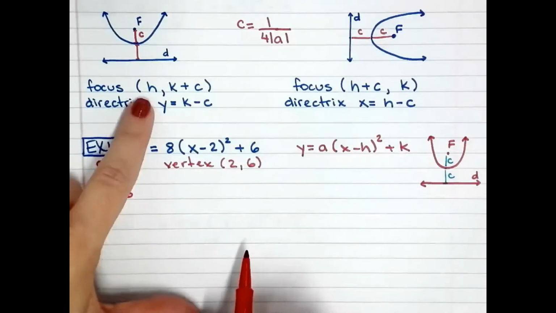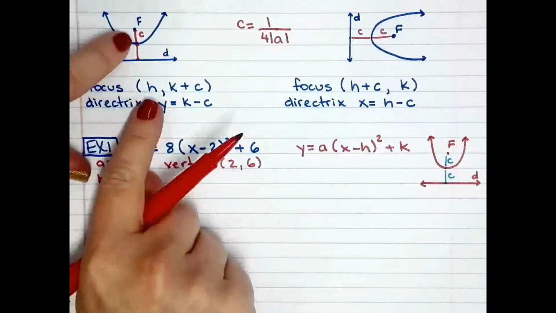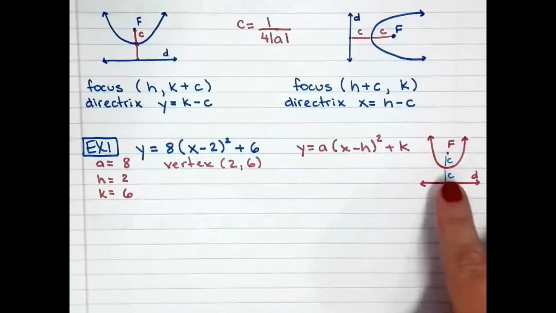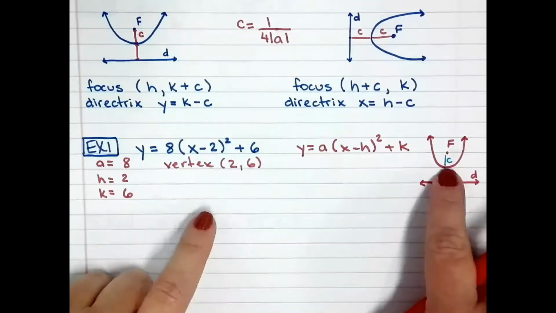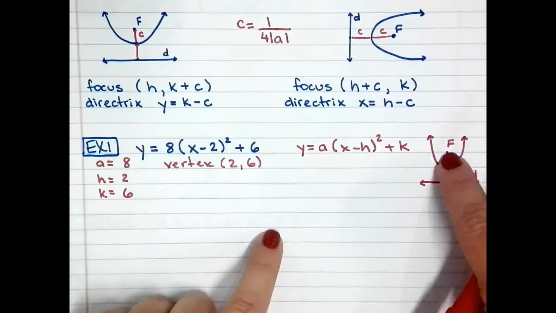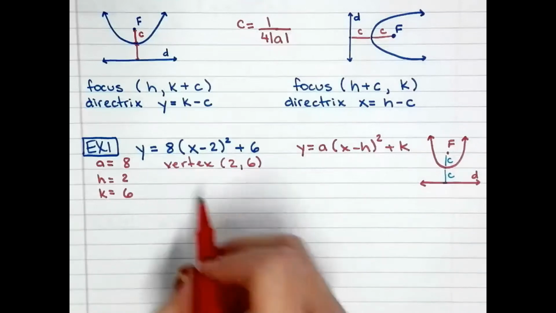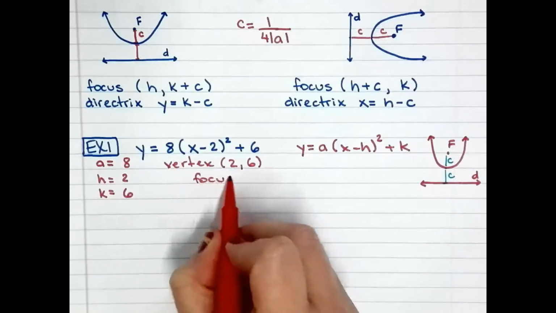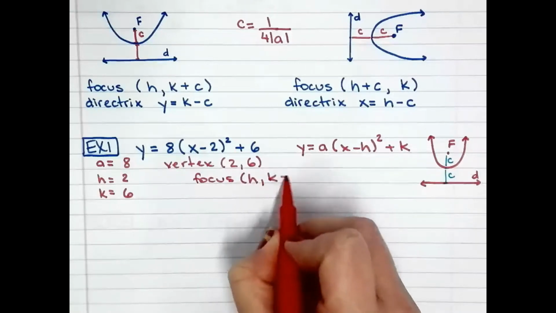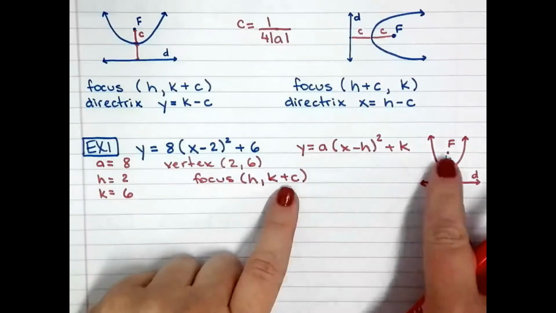Okay, so now the focus right here, it opens up. So whatever I have right there on the vertex, I need to add C because it goes up. So the formula for the focus is H, K plus C because it's going up.